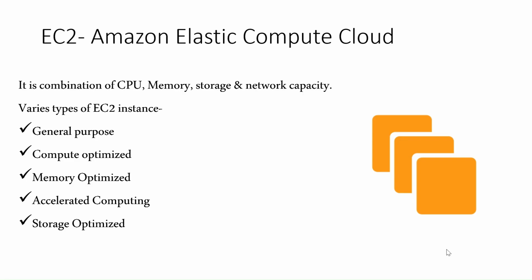Where you need good memory, then there are memory optimized EC2 instances. Where you need accelerated computing, meaning high speed computing in nanoseconds or milliseconds, then we have accelerated computing EC2 instances. And at the last we have storage optimized EC2 instances. So based on the purpose for which you want that EC2 instance, you can choose among these.